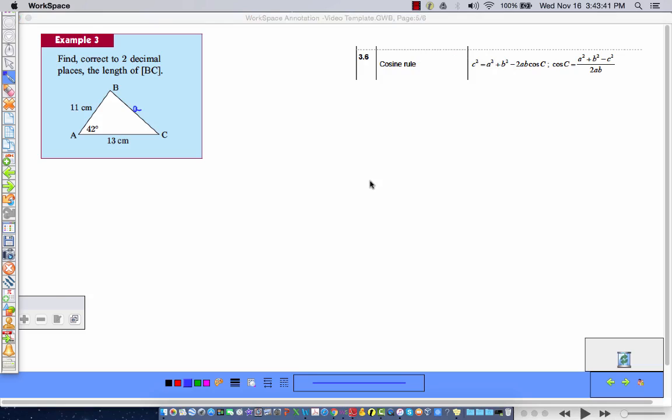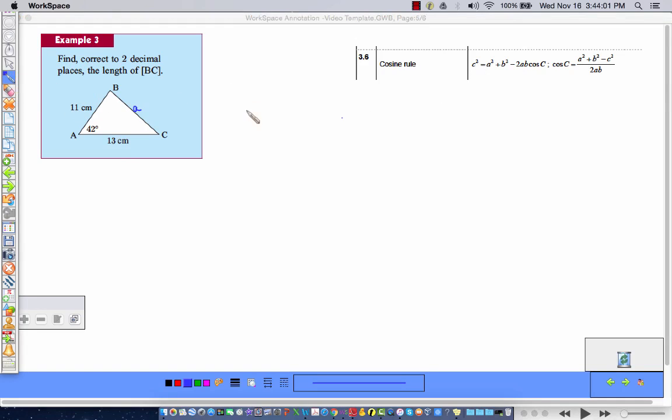So if you look at our formula, it starts with a c, and there's an a, b, and a c. Oh my gosh, it's so confusing. Well, it's really not, because it's the side and the angle opposite it, and then you use the other two sides in the formula.